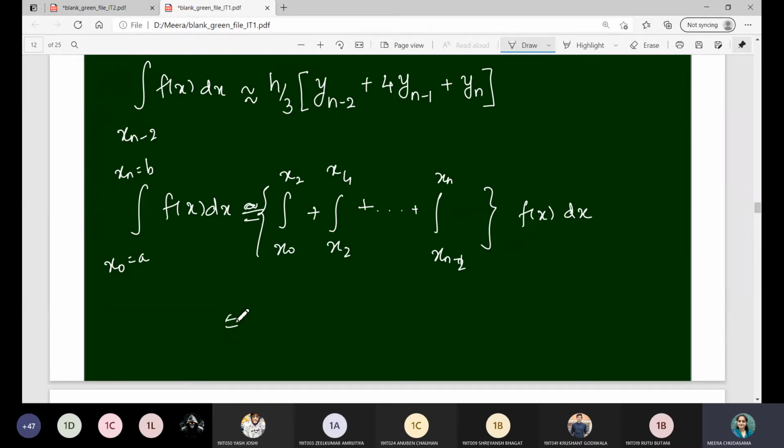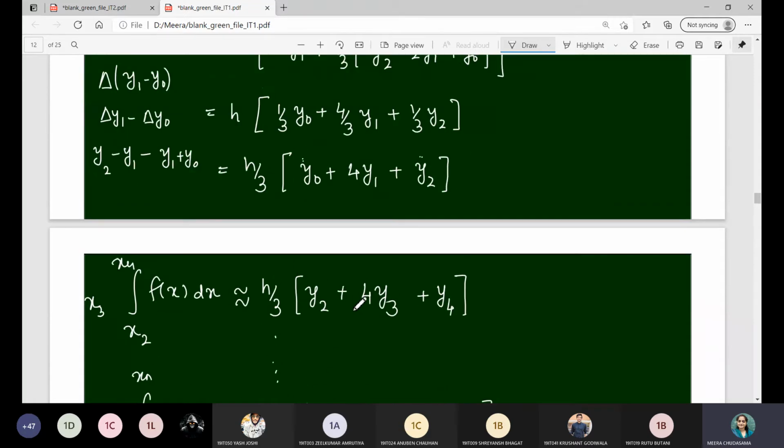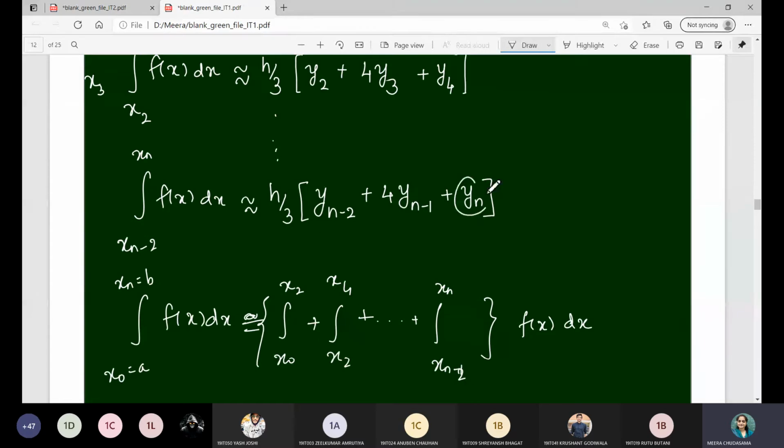This is approximated as h/3. If you observe, h/3 is common for each subinterval.